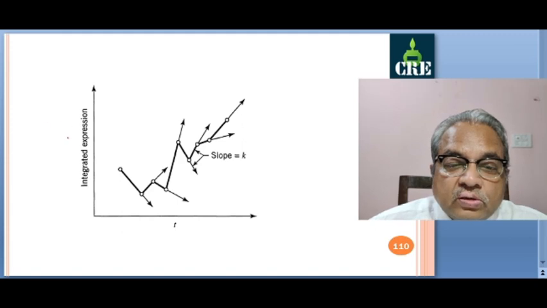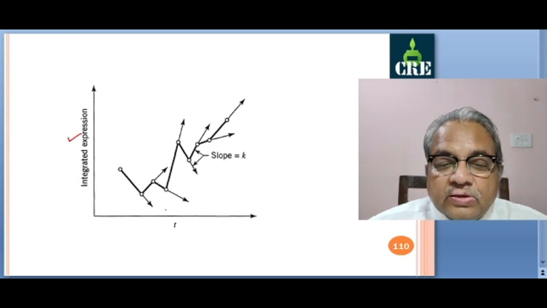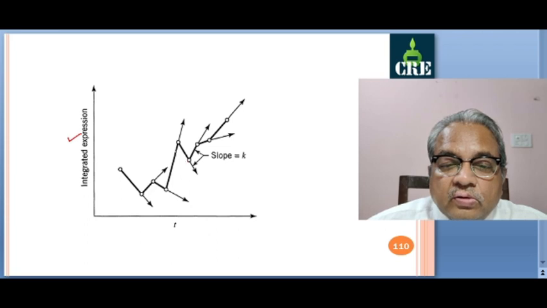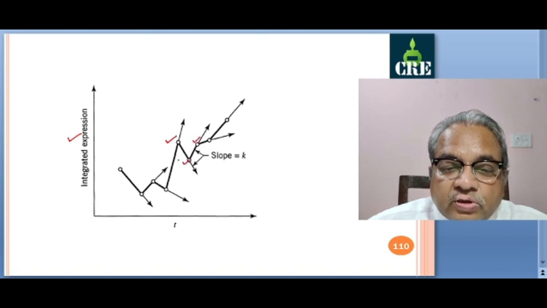So what is the representation of this method? This is the integrated rate expression, whatever you have depending on the rate law, versus time. If you consider consecutive points, this is one point, this is the next point, and this is the next point on the time scale. So these are three consecutive points: 1, 2, 3. This is the 4th point, 5th, 6th, 7th, and so on.